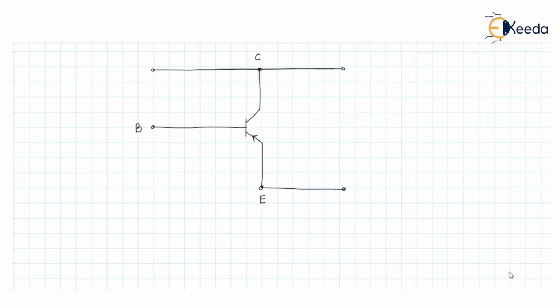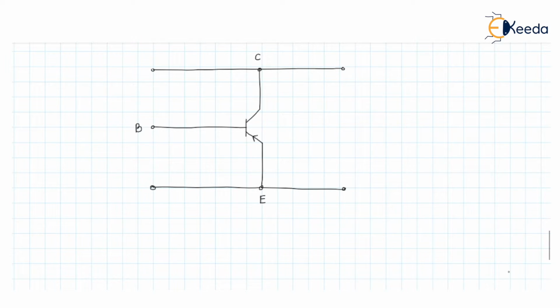This will be the base terminal, this is the collector, which I can denote as C, this is the emitter terminal, and this is the base terminal. Similarly, if I enlarge the emitter terminal in this fashion, it will look like this.